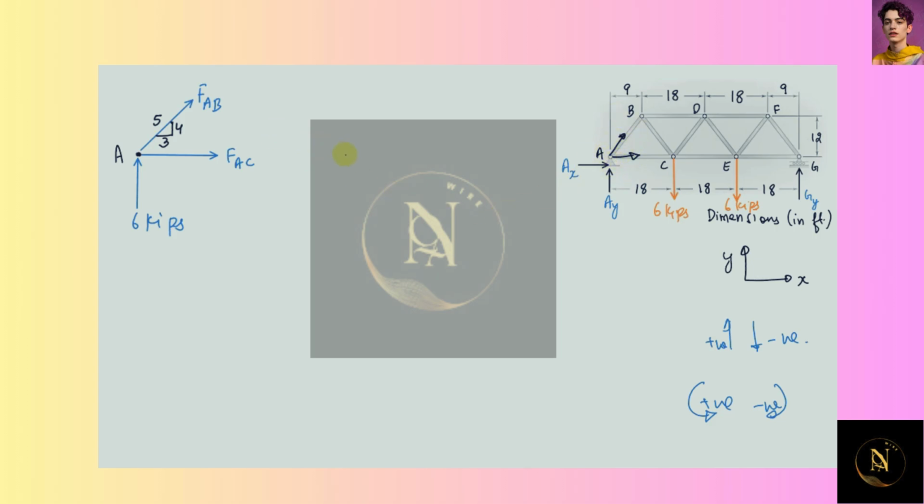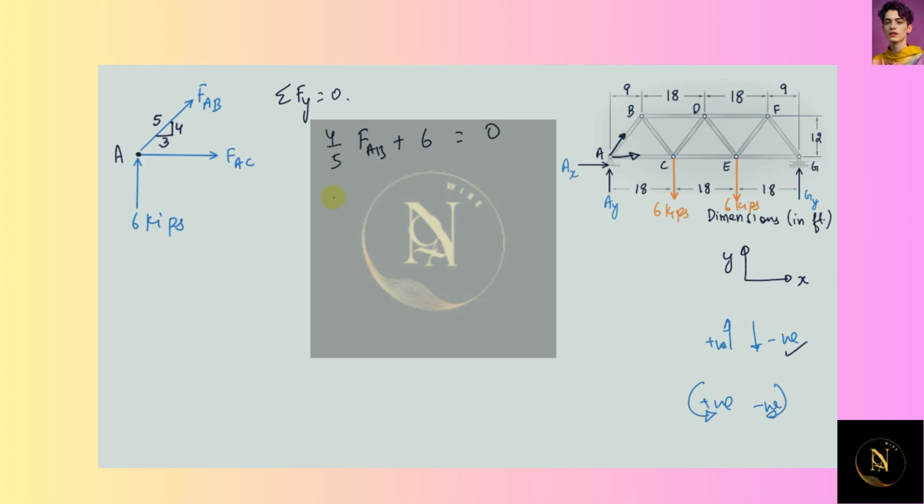For that we'll be considering the equilibrium conditions. The first one is sigma Fy equals 0, and we'll be following the same sign convention as we followed earlier. So we have to take the vertical component of the force FAB, so it would be 4 by 5 FAB plus 6 equals 0.